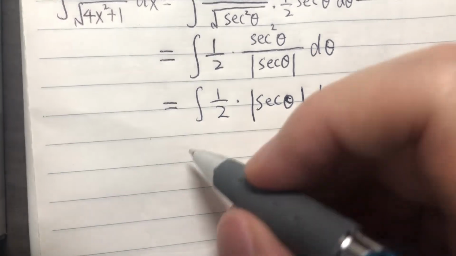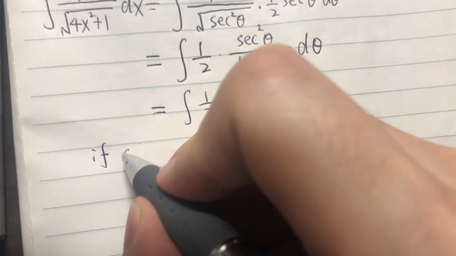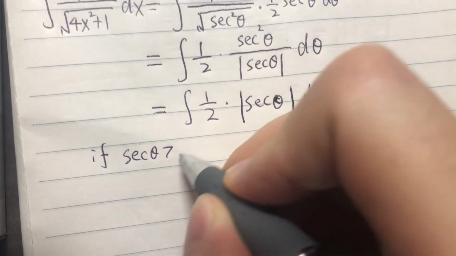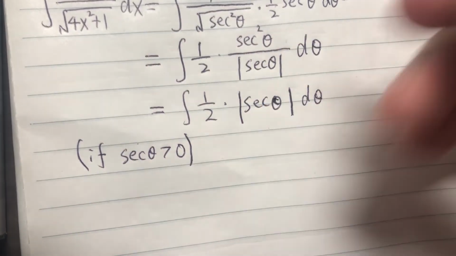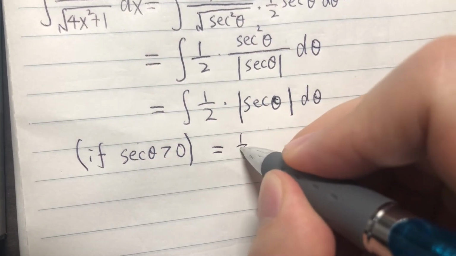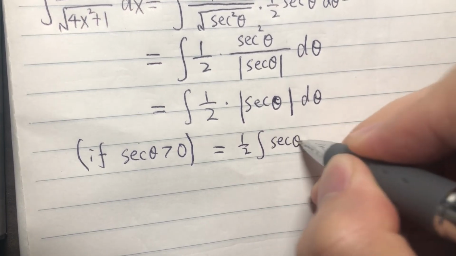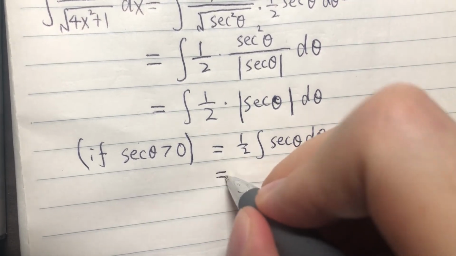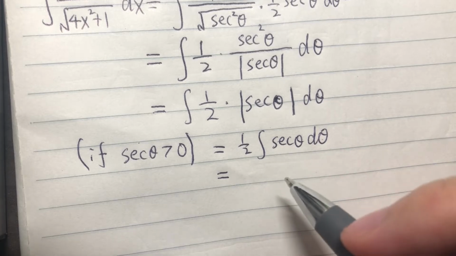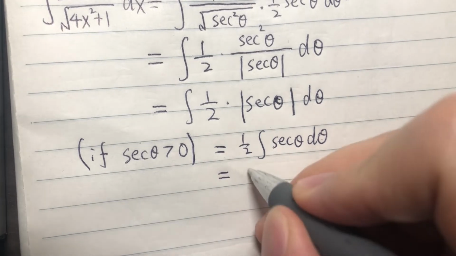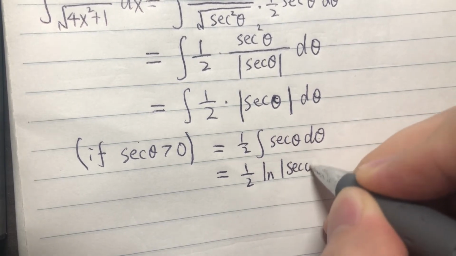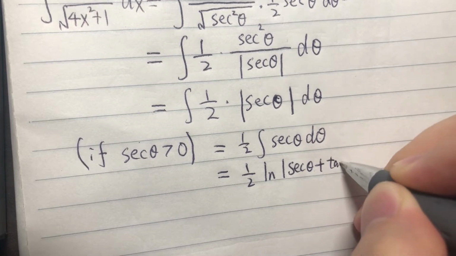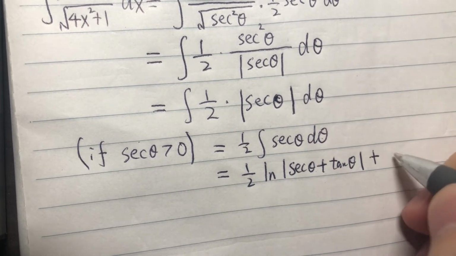Okay, and after this, if you know secant theta is positive, then this one equals 1/2 secant theta d theta, and the antiderivative of secant theta is ln of secant theta plus tangent theta, plus c.